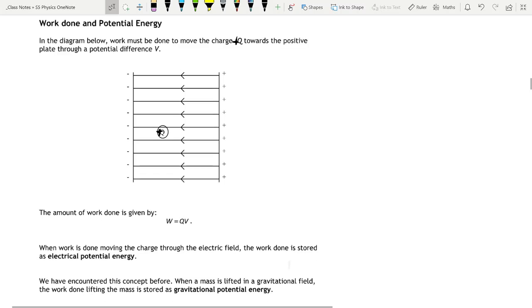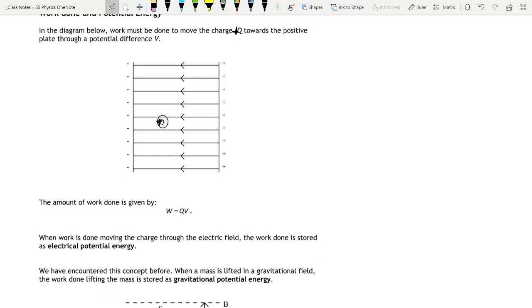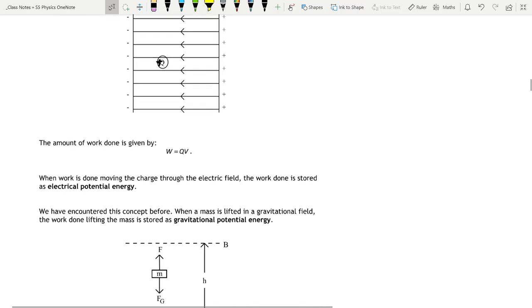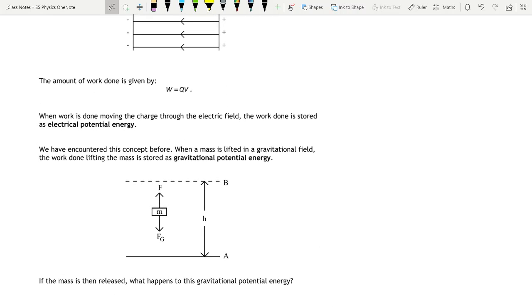Okay? So when work is done moving the charge through the electric field, the work done is stored as electric potential energy. Whereas we've encountered this concept before if you lift something up. Okay? So if you lift anything up, a rock or a pen, you lift it up, yeah?